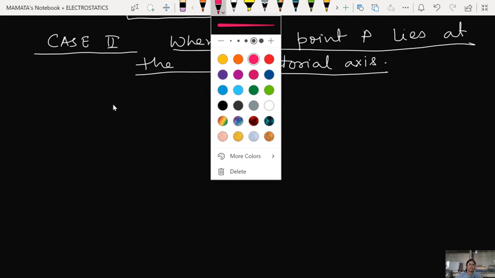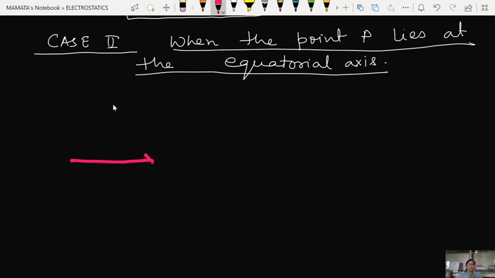Again I am taking a dipole, with point A and point B. Here is the minus q charge, here the plus q charge, and it is the equatorial axis. The point P is supposed to be here, and the distance between point P and the middle of the dipole is r. Then what will be the potential at this point?